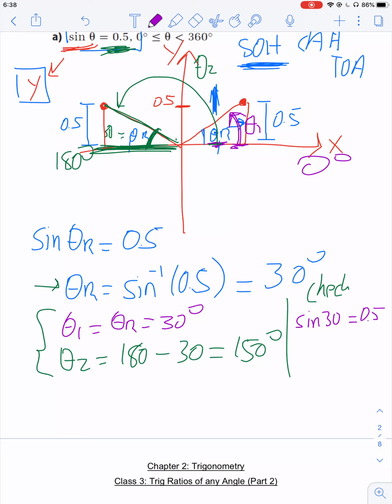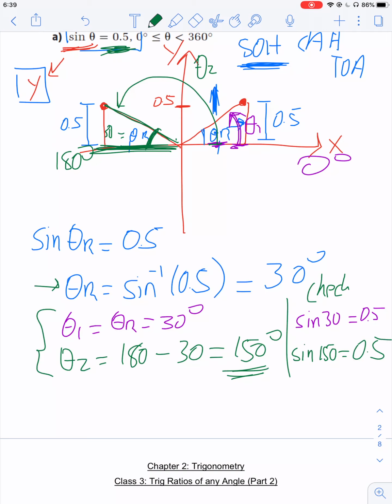So sine of 30 does give me 0.5. Now let's check if sine of 150 gives me 0.5. Use your calculator, calculate the value of sine of 150, and check. Does sine of 150 give me 0.5? Yes, it does.